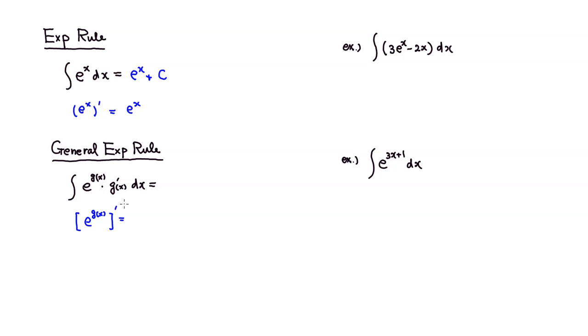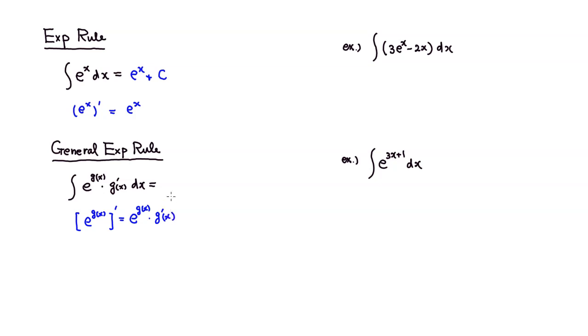So g of x is the inside function and the exponential function is the outside function. If you take the derivative of that, the derivative of the outside function is exactly the same thing. So we copy e to the g of x, but we have to multiply by the derivative of the inside function, which is g prime of x.